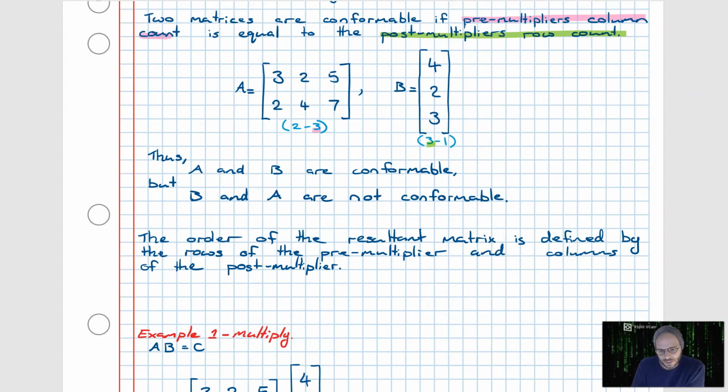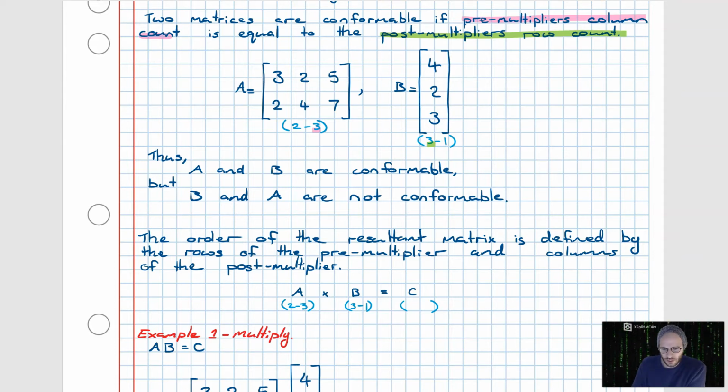So, observing that if we go A multiplied by B, we're going to get a resultant matrix of C. Now, the order of A, as we saw above, is 2, 3, and the order of B is going to be 3, 1. What we're going to find is that we get a subsequent order for C, which is different to both of these.